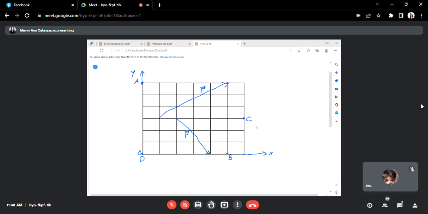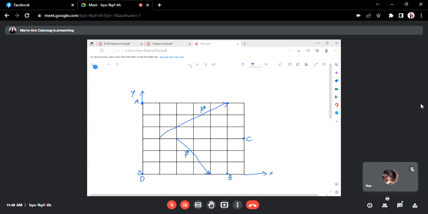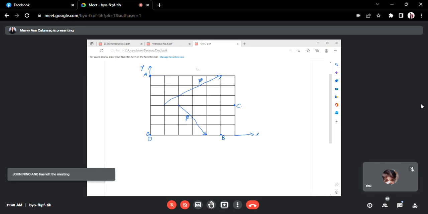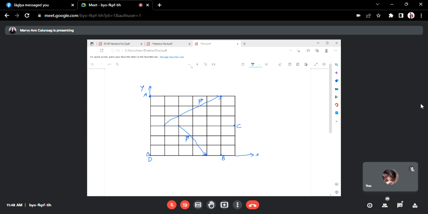Okay, so the required in this problem, since we have two forces F and P and points A, B, C, and D, is this.